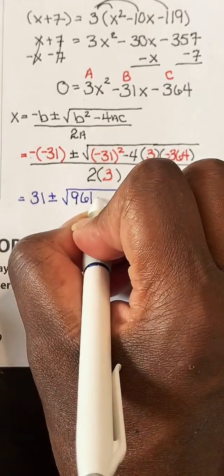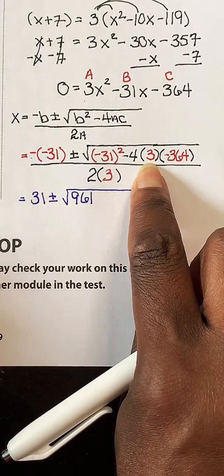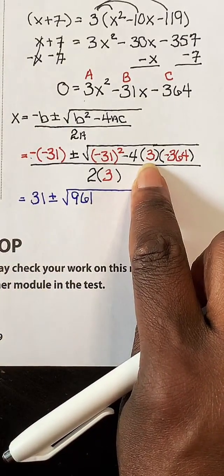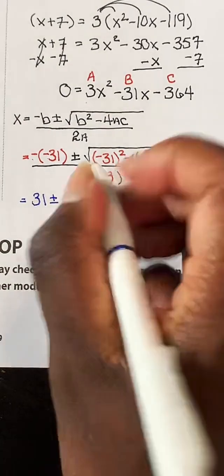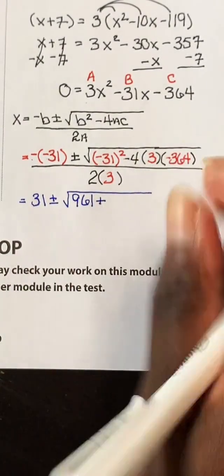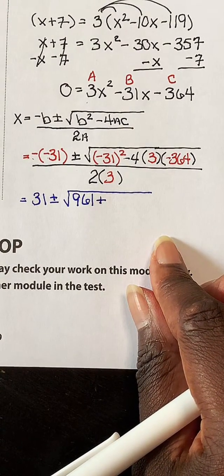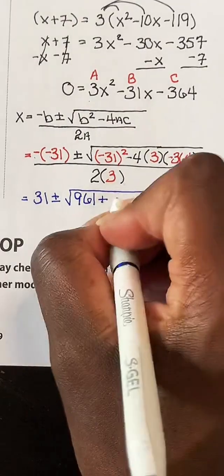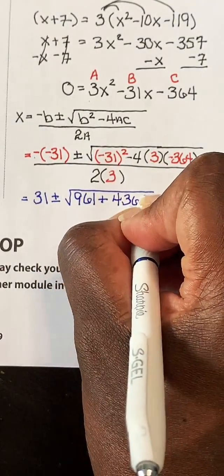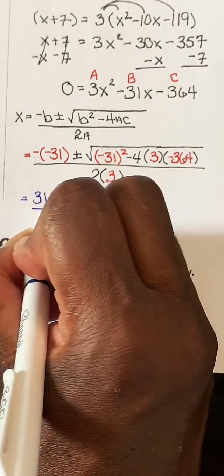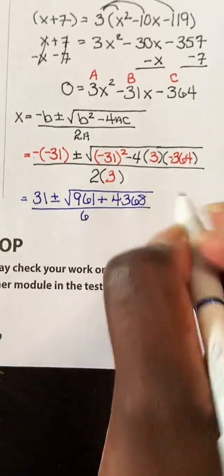Yes, I did use a calculator. Negative 4 times negative 3 gives me a negative 12. So negative times this negative 364 will turn into a positive. So then we have 364 times 12. That will give me 4,368, all over 2 times 3, which is 6.